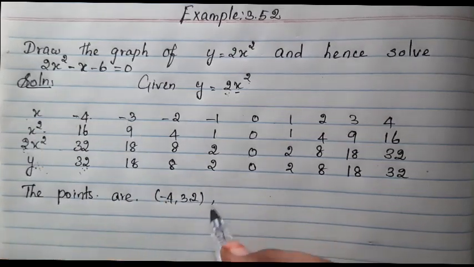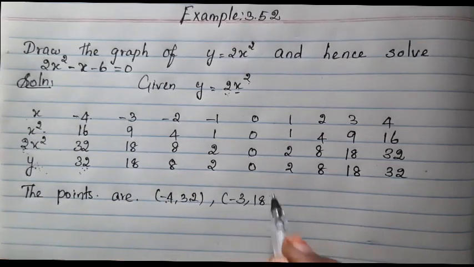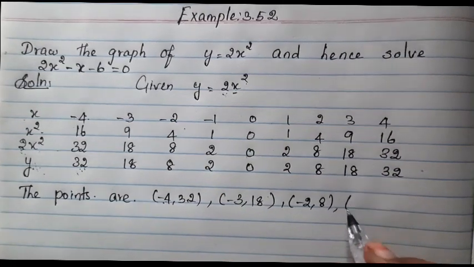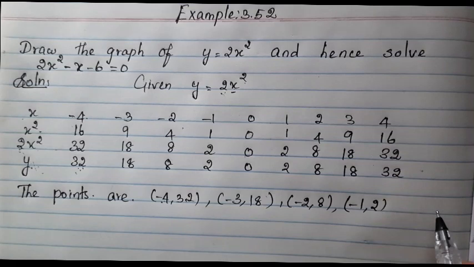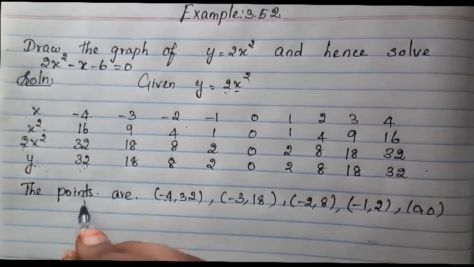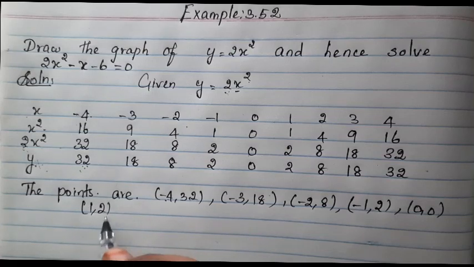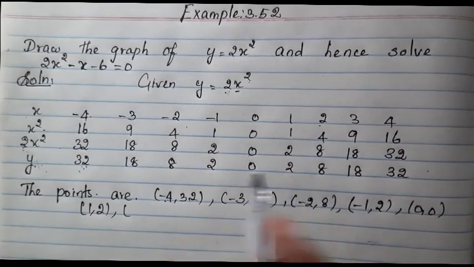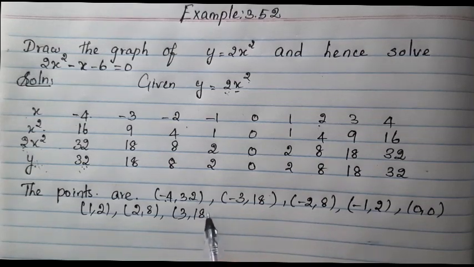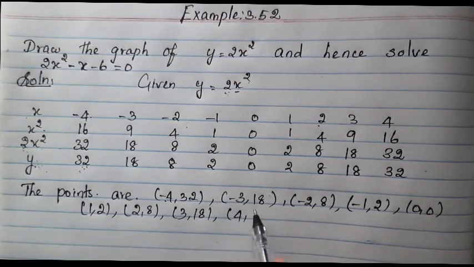Then minus 3 comma 18. Then minus 2 comma 8. Then minus 1 comma 2. 0 comma 0. 1 comma 2. 2 comma 8. 3 comma 18. 4 comma 32.